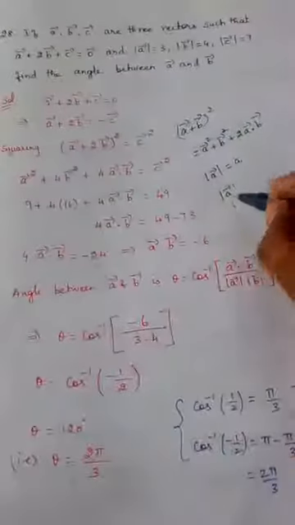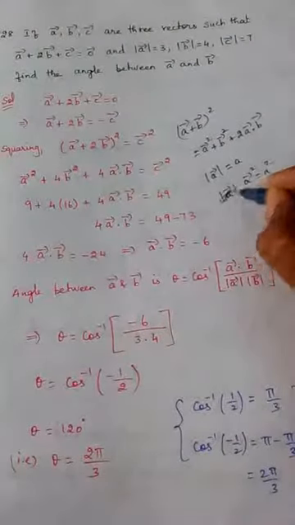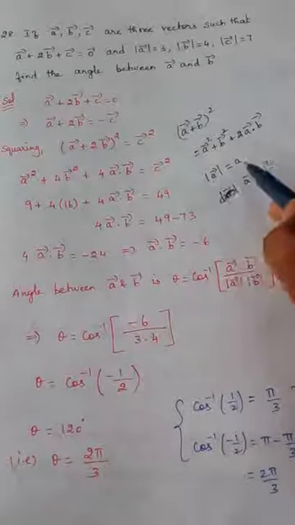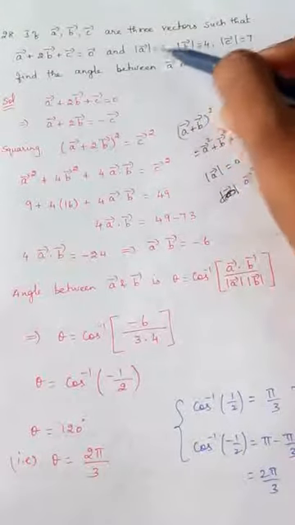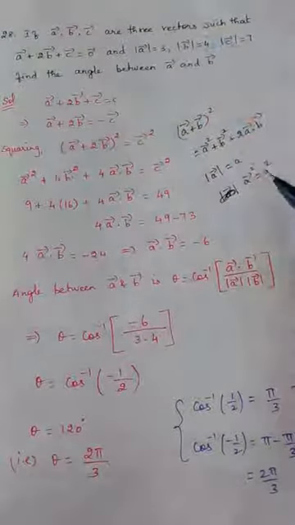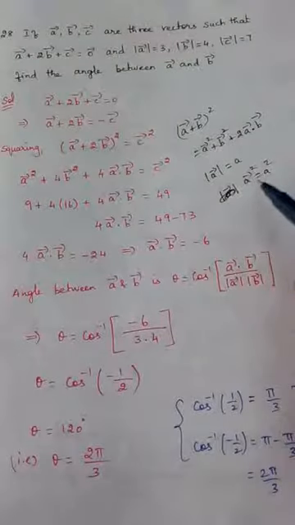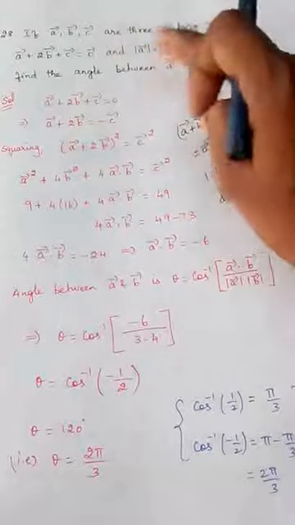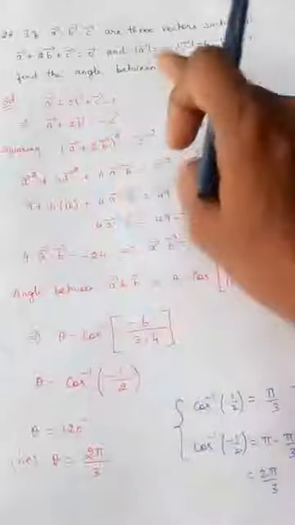We know that A vector square can be written as A square, right? Modulus A vector is nothing but A, and modulus A vector is given as 3, so A is 3. So what is A square? A vector square and A square are equal by the property. So since modulus A vector is 3, A vector square can be written as 9.